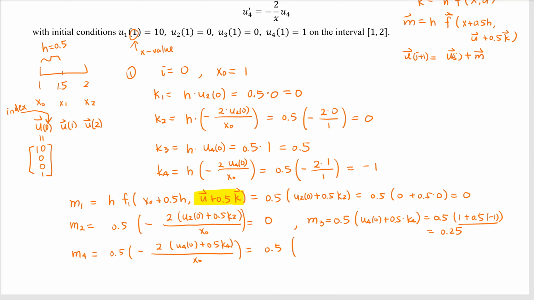So we already calculated. So 2 times 0.5, X0 is 1. 2 times 0.5 is 1. 1 over 1 is 1. So we have minus 0.5.